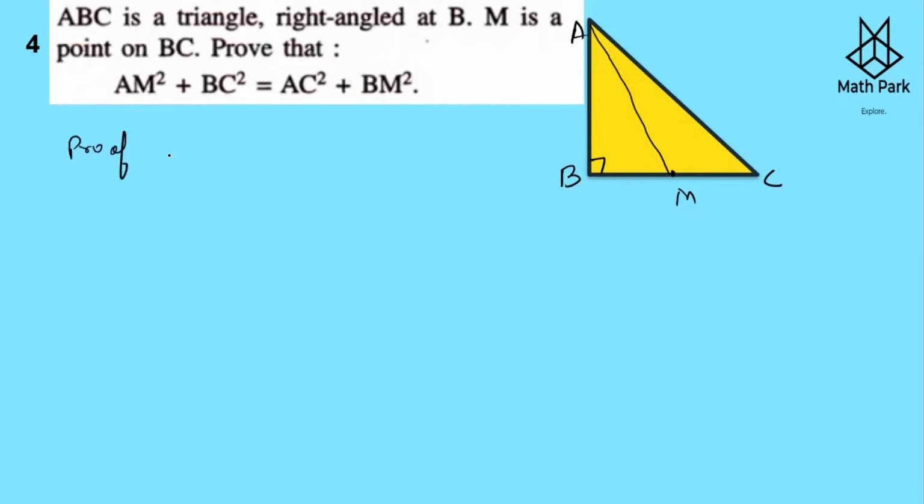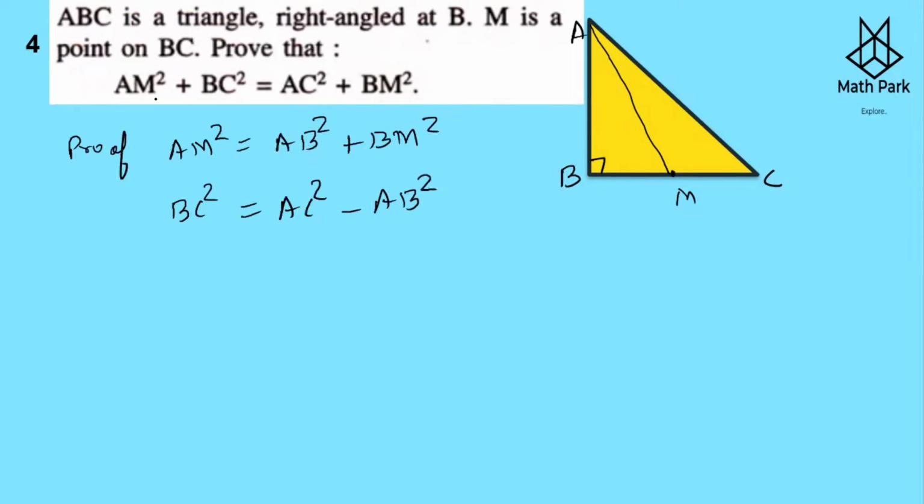So we have AM square is equal to AB square plus BM square. Then we have BC square. We are using the whole triangle here. So BC square is equal to hypotenuse, which is AC square minus AB square. Let us add these two equations. So this is my 1 and 2. So we add here equation 1 plus equation 2.